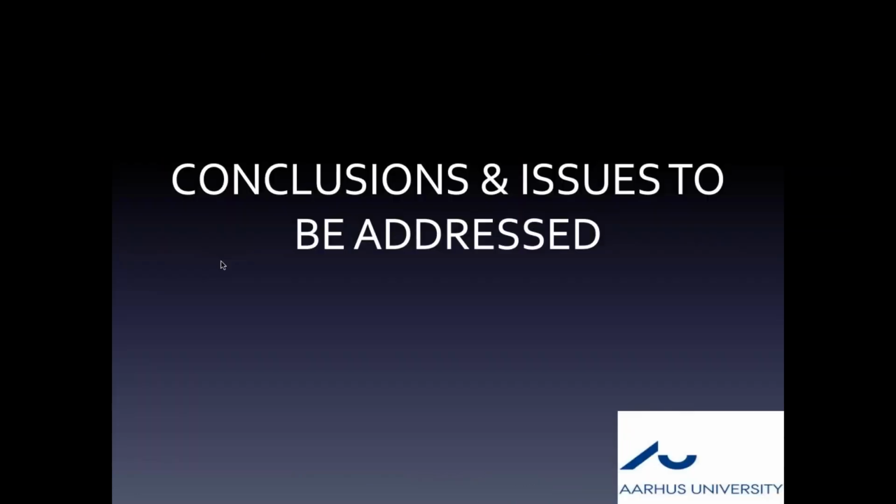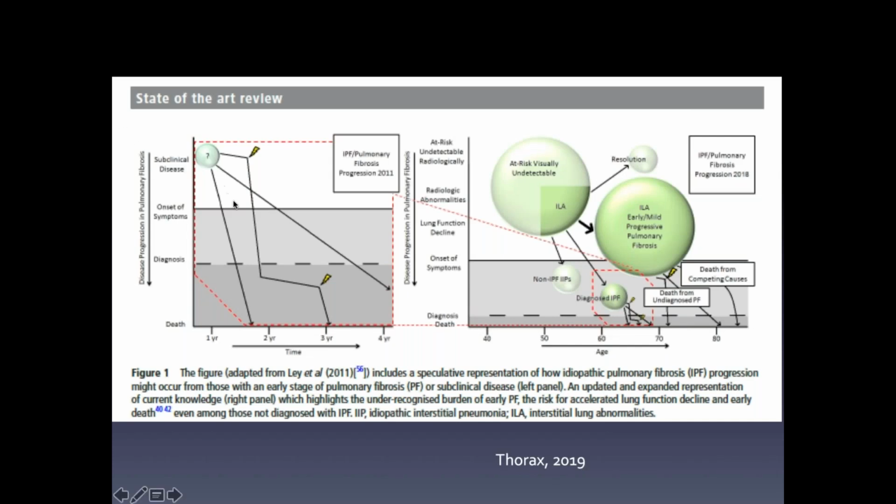So, in conclusion, we can say that we have some issues that need to be addressed. We know that ILA can be the first manifestation of IPF, so we could consider ILA as tumors are now considered when you perform a screening for tumors.